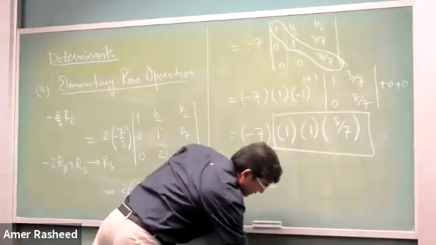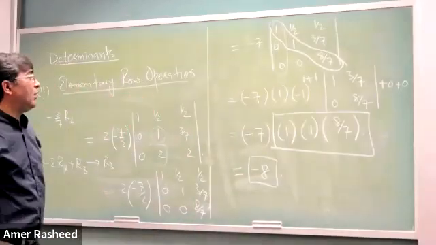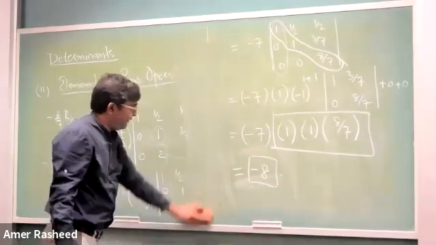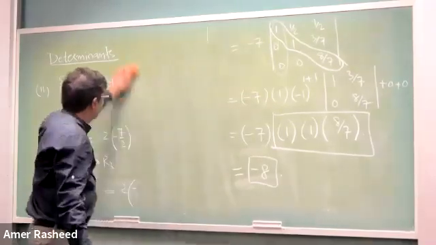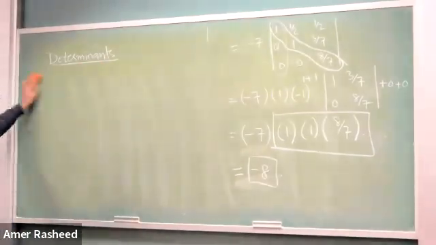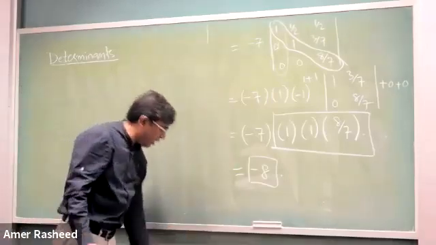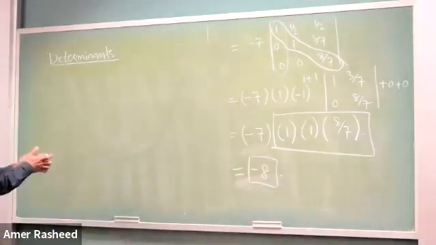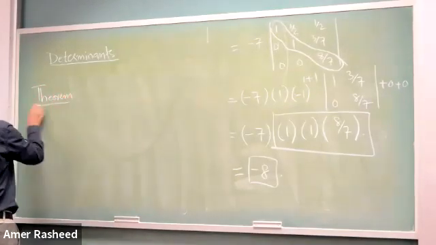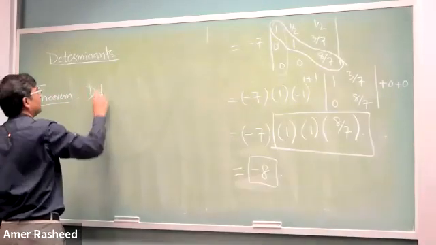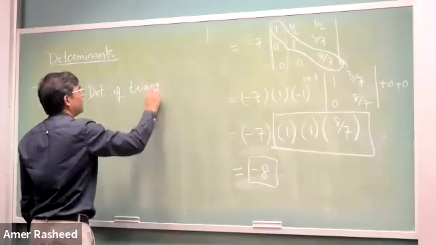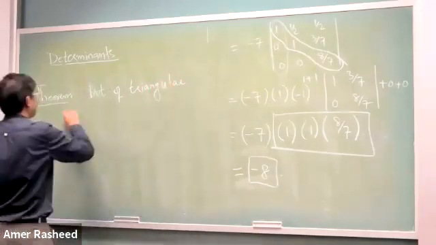Now, by observing this, we have a theorem, a very famous theorem in fact: the determinant of an upper triangular matrix or lower triangular matrix, or generally the determinant of triangular matrices.